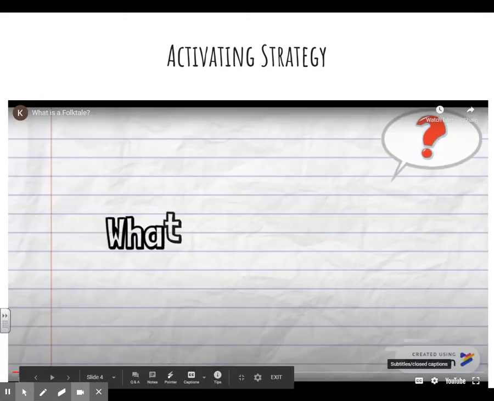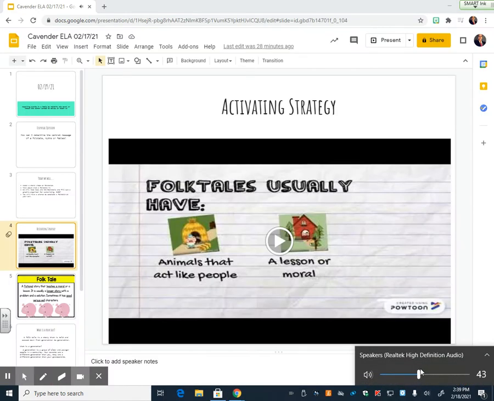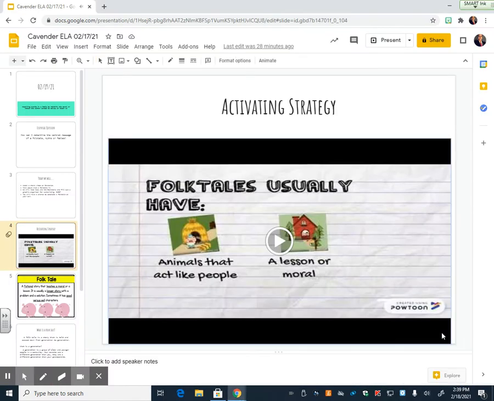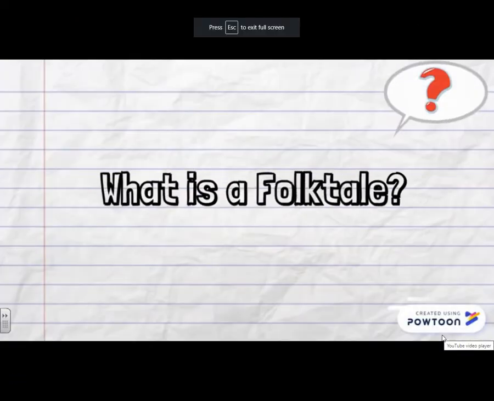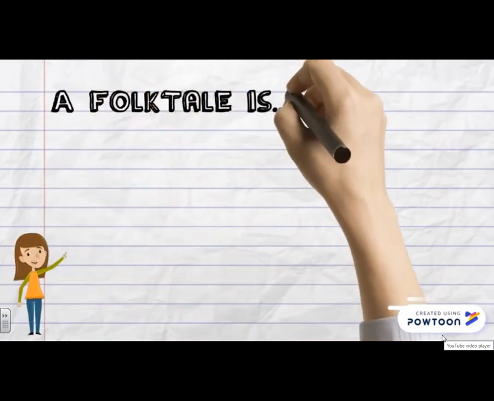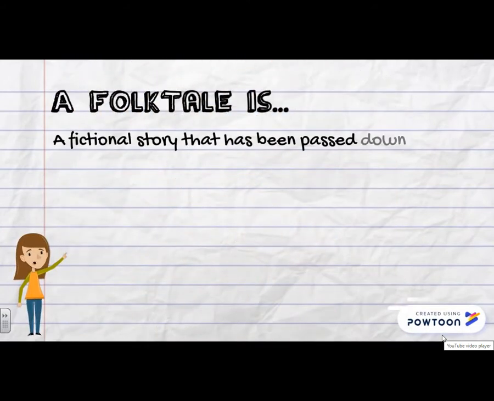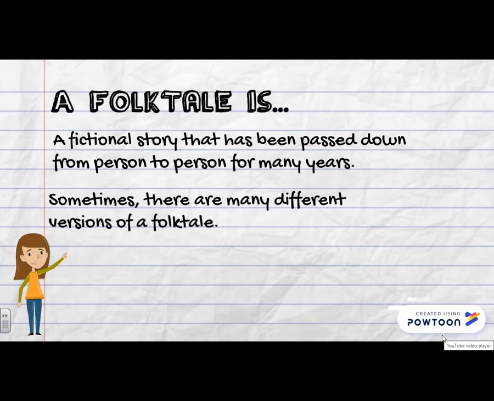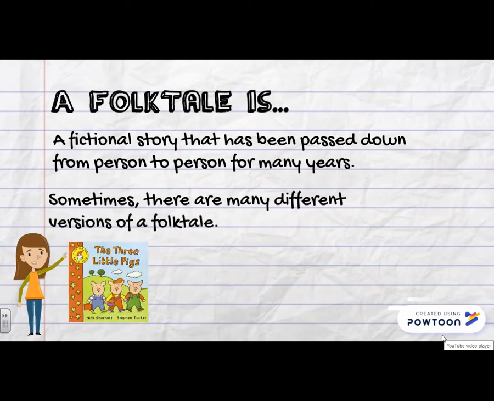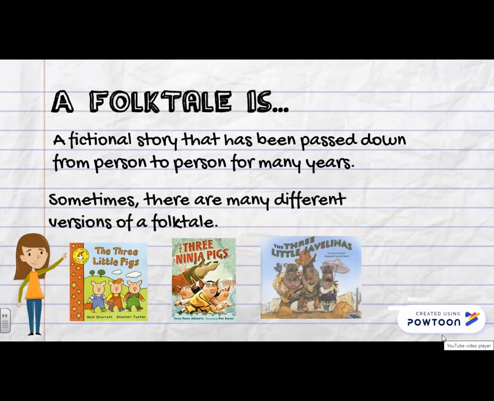Today we will learn what is a folktale. There. Today we will learn what is a folktale. A folktale is a fictional story that has been passed down from person to person for many years. Sometimes there are many different versions of a folktale. You may have read these folktales before.